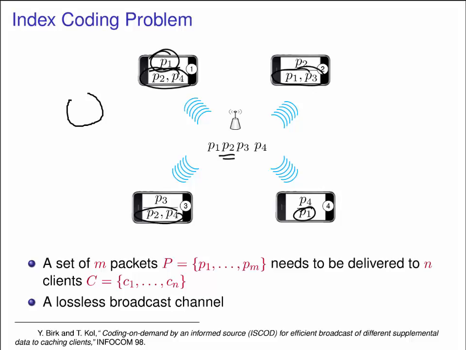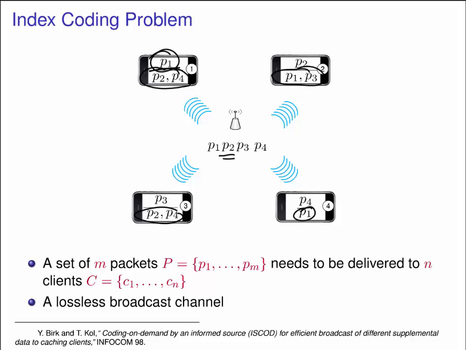Suppose we have some other client here which sent P2 to this access point, but clients in the vicinity of this node were also able to obtain this packet and store it for some period of time. The index coding problem seeks to minimize the number of transmissions made by the access point in order to satisfy the demand of all clients.